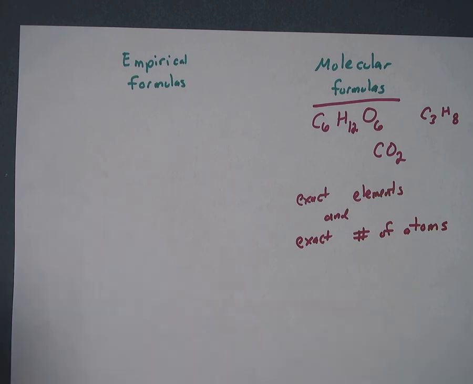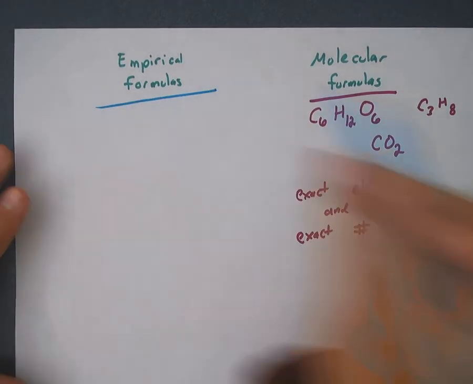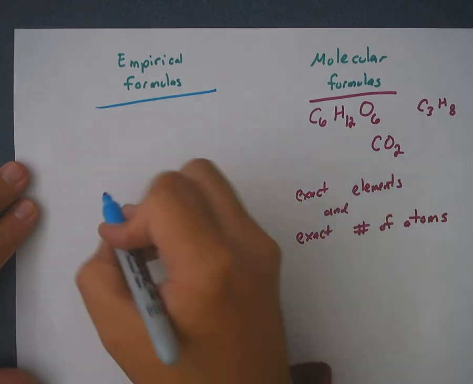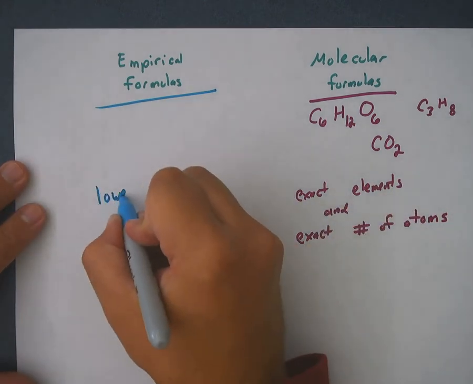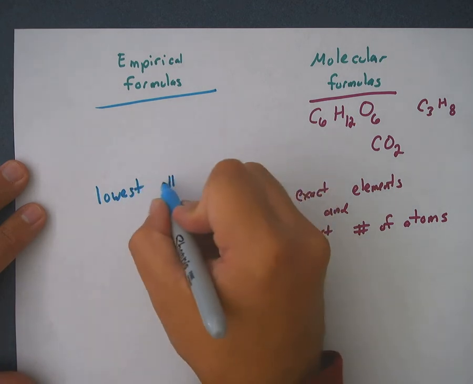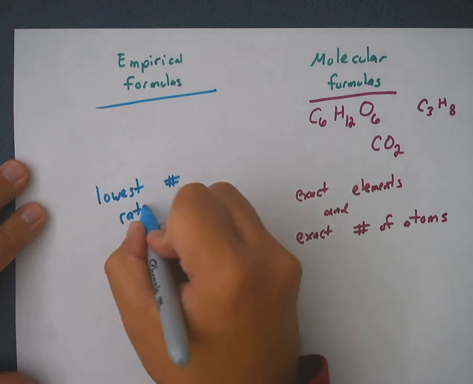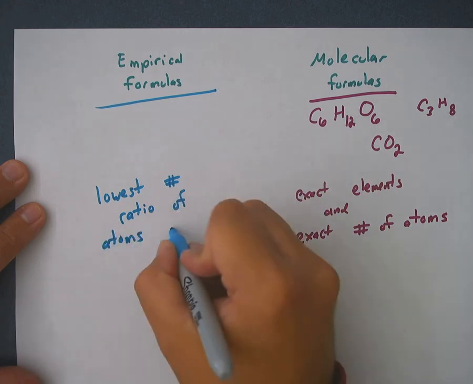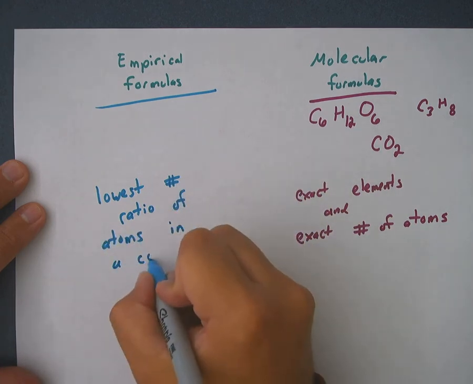Okay, empirical formulas are not the exact elements and the exact numbers, but the lowest whole number ratio of atoms in a compound.